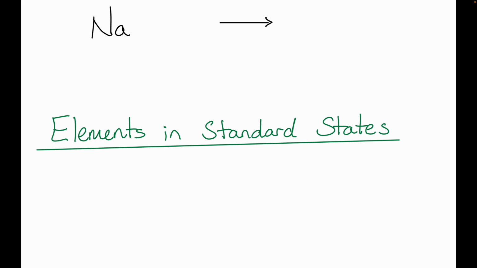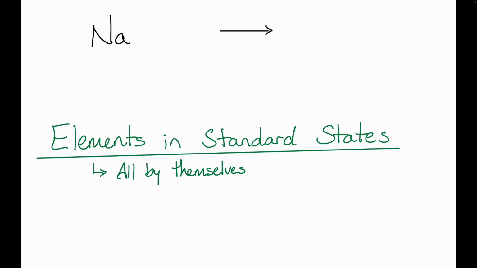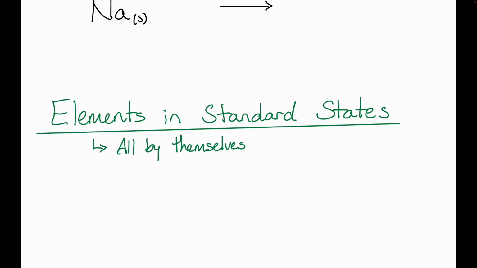And again, standard state is just a fancy way of saying all by themselves. So sodium, when it's all by itself, again, it's in black on our periodic table, so that gets this S designation. So the elements that are listed in black, those are solids in their standard state.